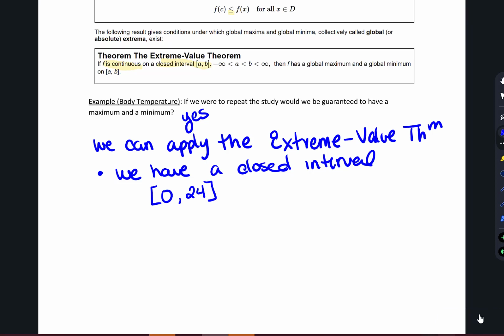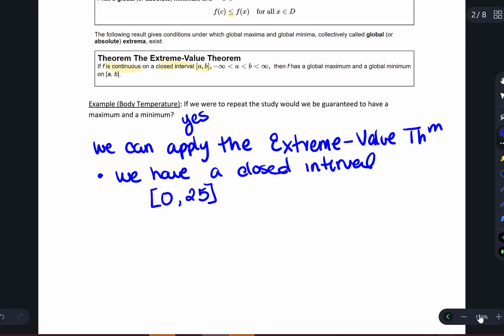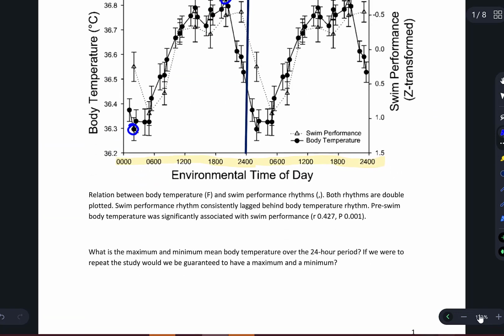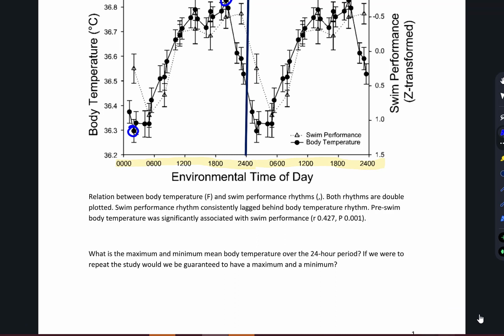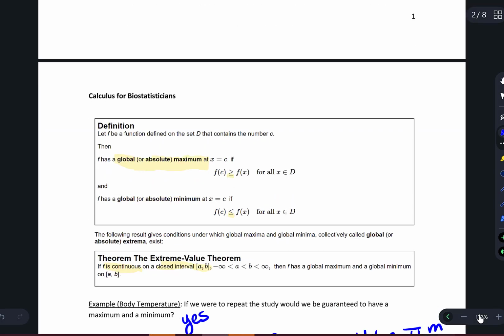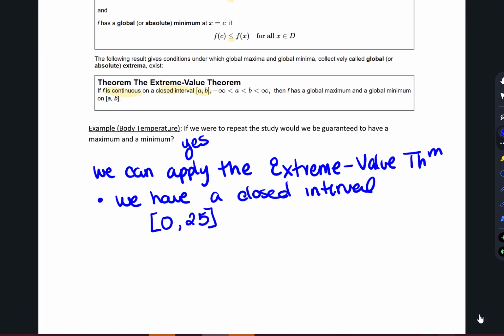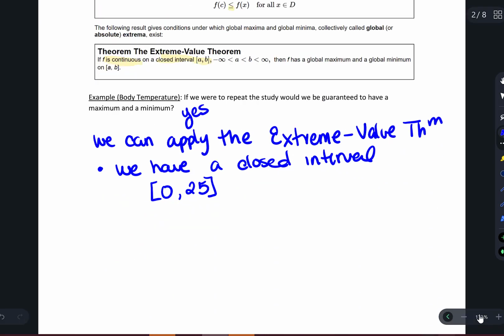Or another way that we could write this is we could bump this up to the 25th hour, because if we think about how the interval of time is going to work, we have from 0 to 1 all the way up to really 24 hours, 59 minutes, or we could go up to the 25th hour. And so there are ways that we could define this to be a closed interval. It is time, so it seems a little bit funny there, but it can be done.